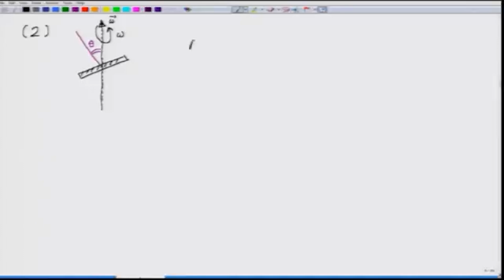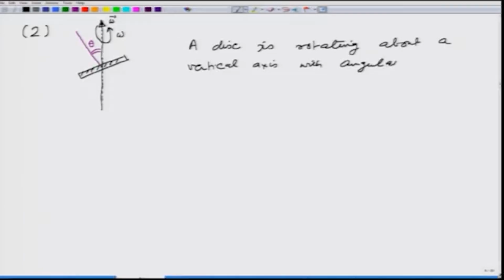So, the problem is: a disk is rotating about a vertical axis with angular velocity omega.